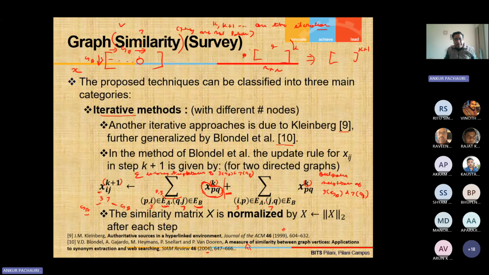And what is the value which I'm adding? I'm adding the similarity value of the previous iteration. So what does it mean? After every iteration, the similarity score is updated.